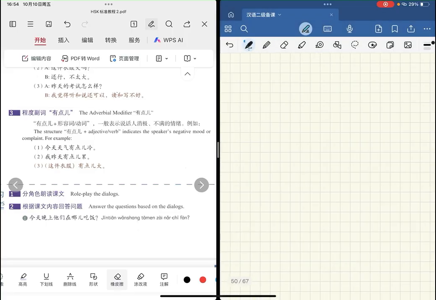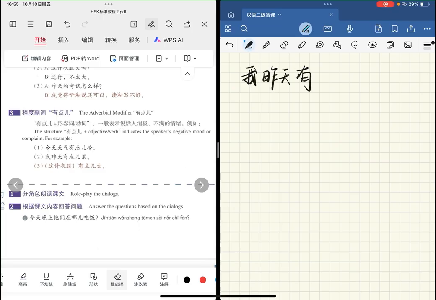我昨天有点累。我昨天, yesterday. We can add the 有点 as adjective. Do you know the 累 is tired?